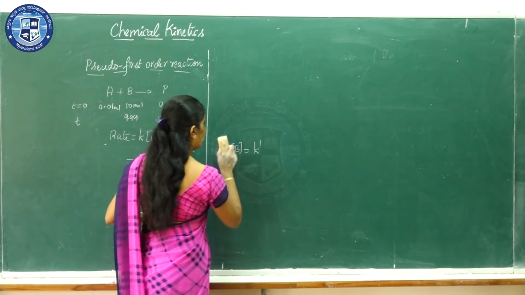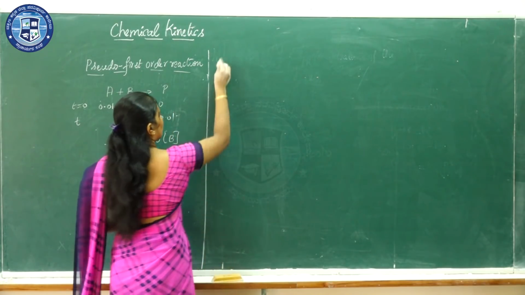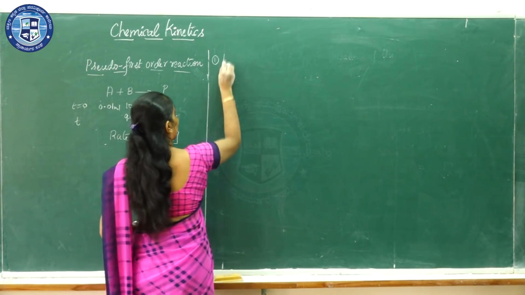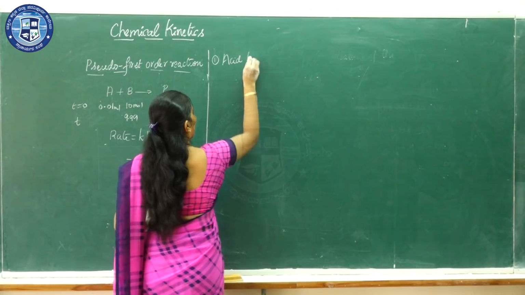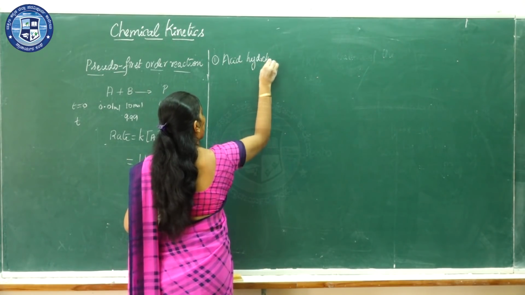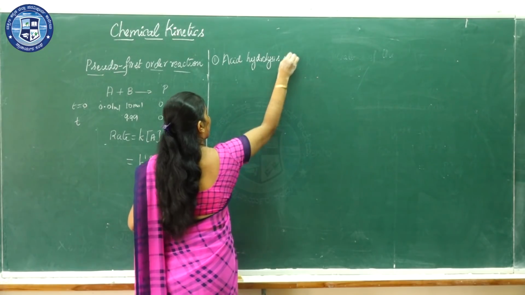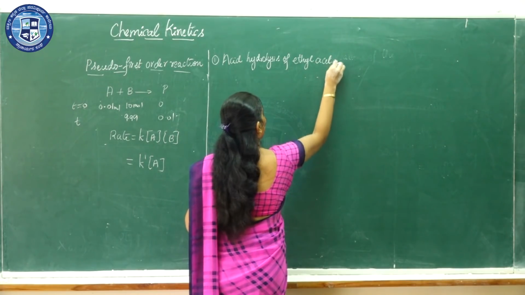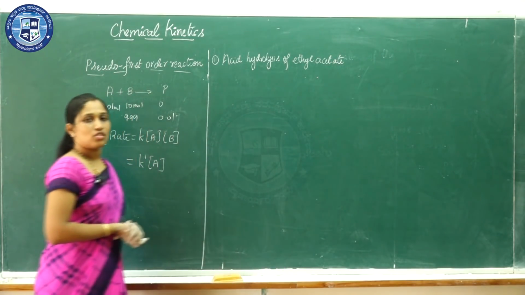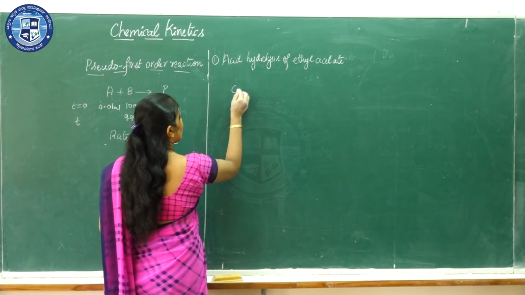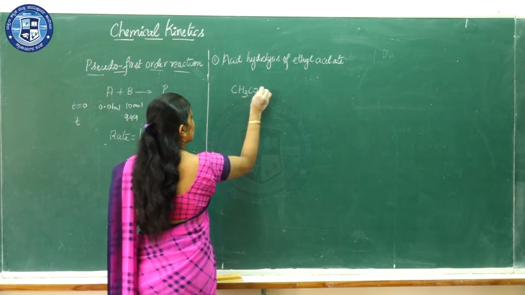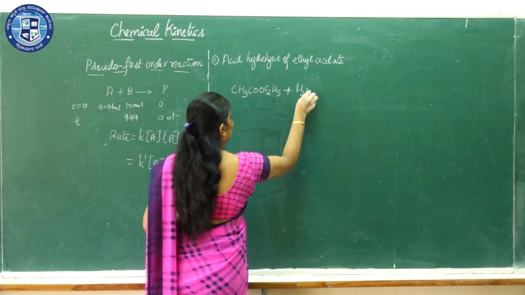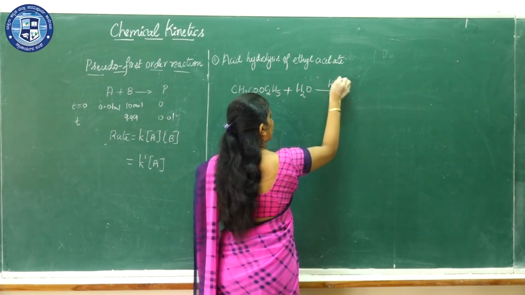We will discuss a few examples given in our book. The first example is acid hydrolysis of ethyl acetate. To write the equation: CH3COOC2H5, with water, acid hydrolysis in the presence of acid.